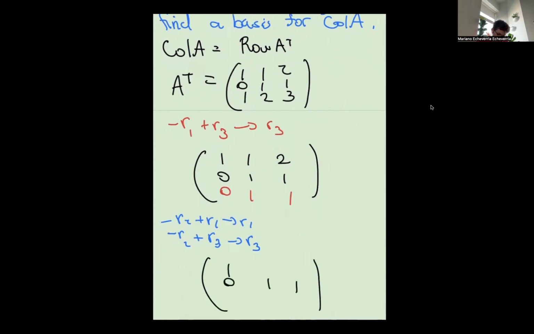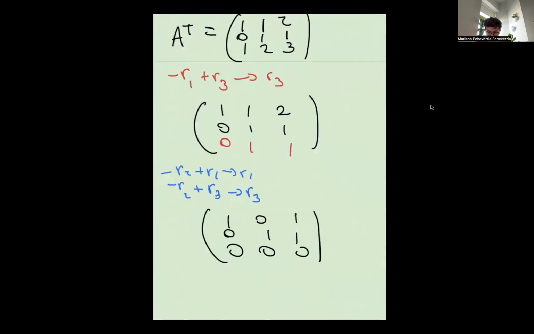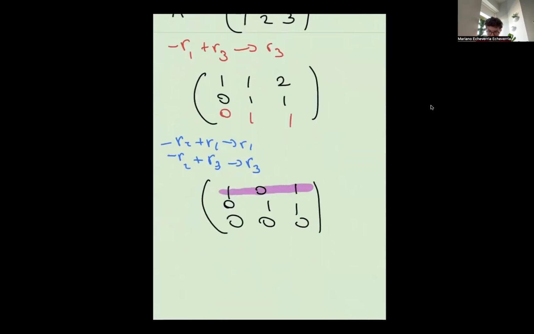When you do that, you get 0, 1, and 0, 0, 0. Now you have these two non-zero rows, this one and this one. If you prefer, once you finish reducing the matrix, you can transpose back.